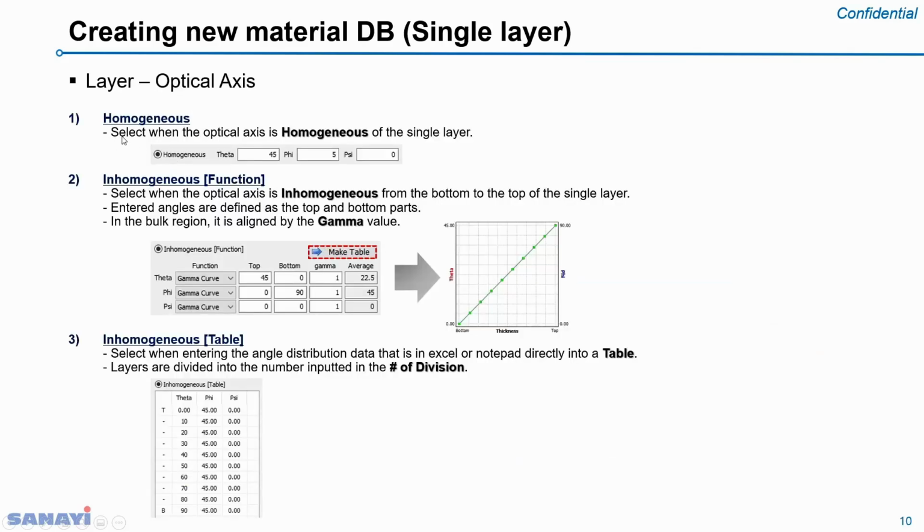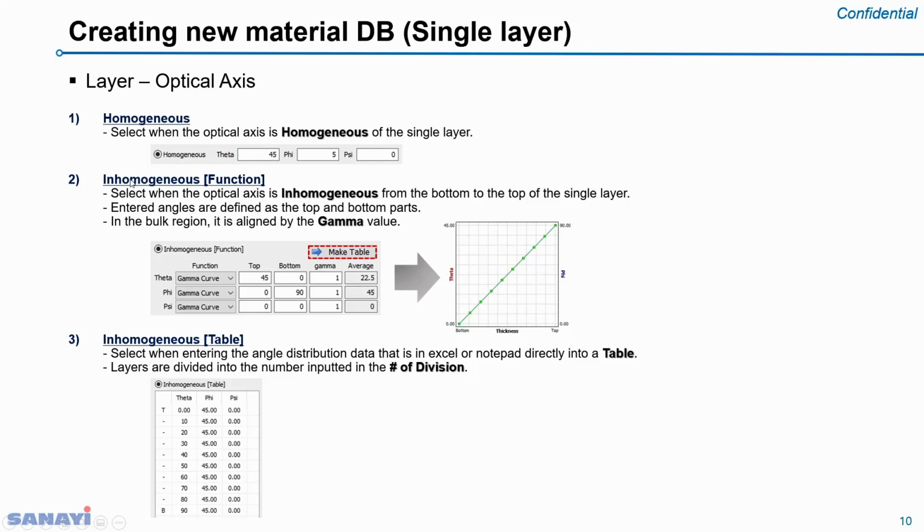Homogeneous is selected when the optical axis is homogeneous of the single layer. So it means that the optical axis is homogeneous from top to bottom surfaces. On the other hand, inhomogeneous is that the optical axis is inhomogeneous.